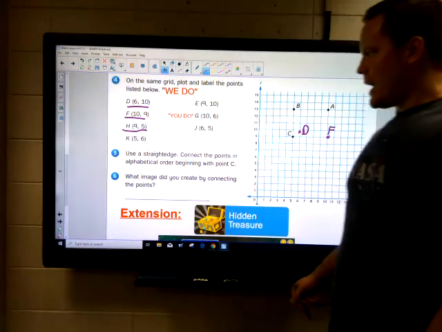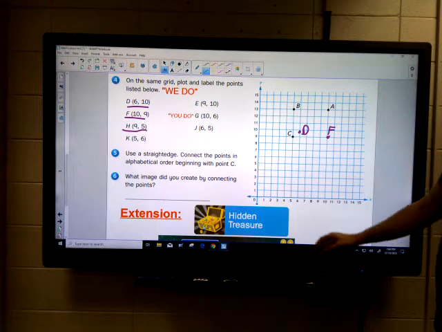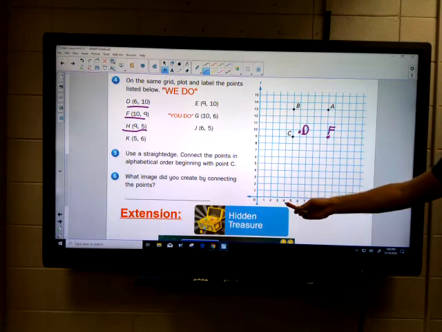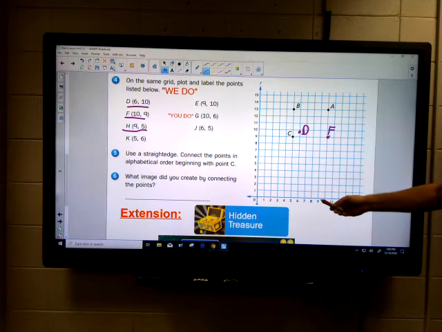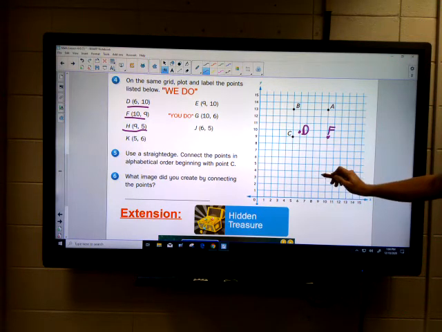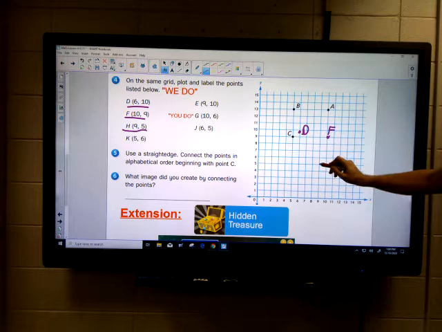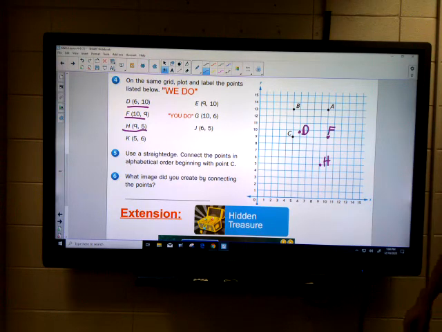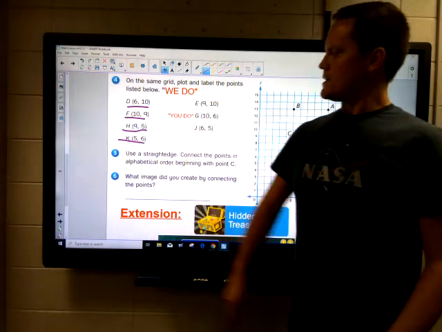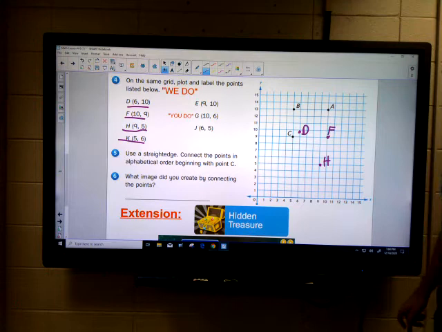Moving on to point H, (9, 5). X value is 9, so find 9 on your x-axis, and then shoot it to your 5 on your y-axis. And I'm going to plot that point as H. Moving on to K, (5, 6).